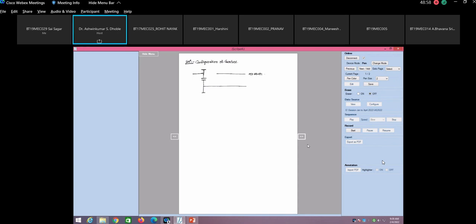Okay. So sir, let us draw the gear diagram. This is not to scale, so please excuse me for that. You may say, sir, this is not to scale.